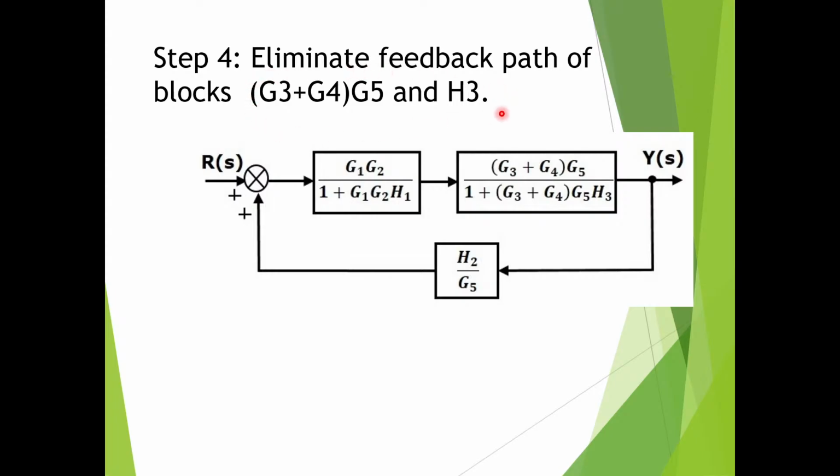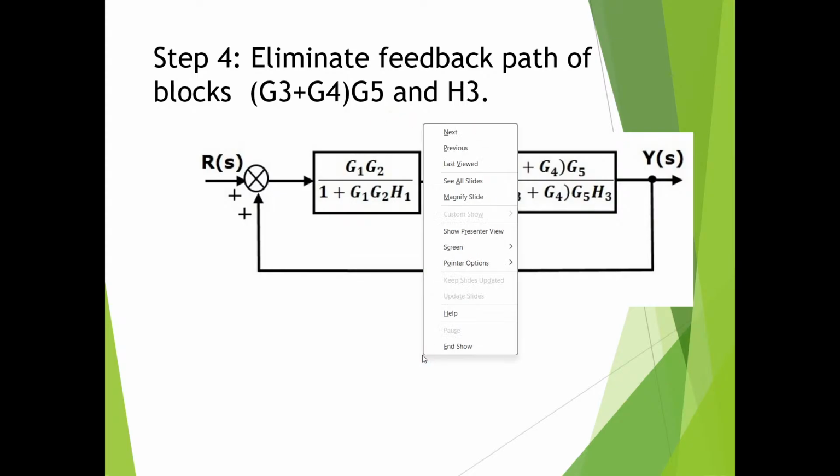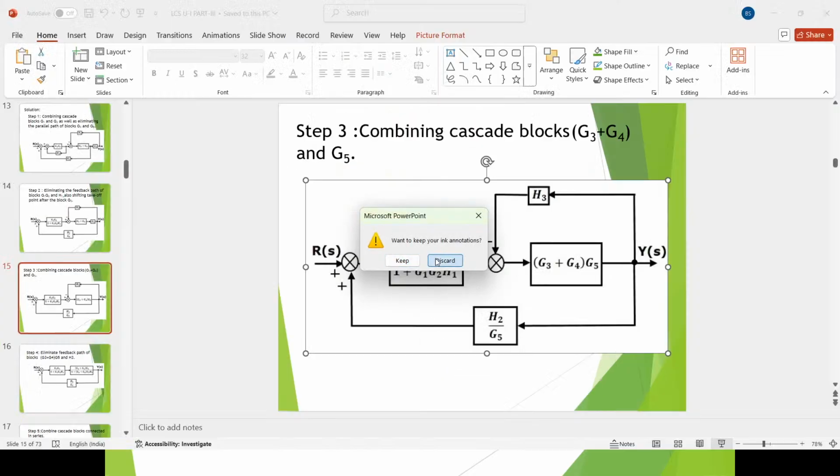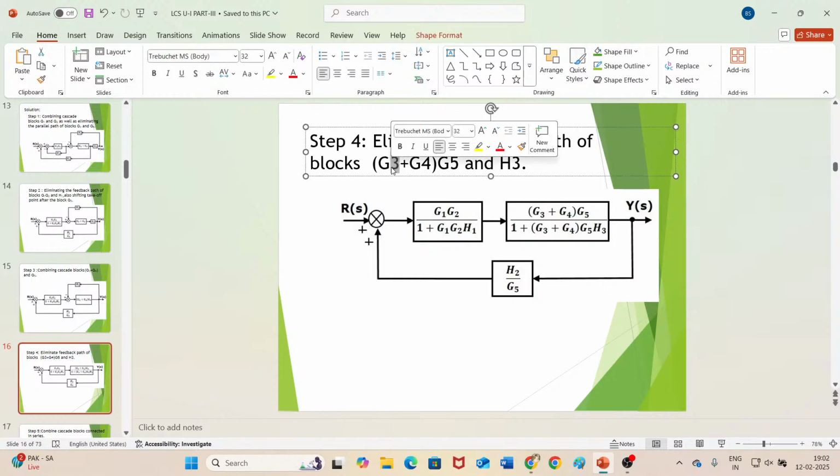See, no need to write G3 plus G4 into G5 and H3 again and again. Writing these equations is hectic work. I have written it here, but you need not write it. Simply mention step 4, eliminating the feedback path, and draw the diagram. That is more than sufficient. It is more specific the way I wrote it, but there is no need.